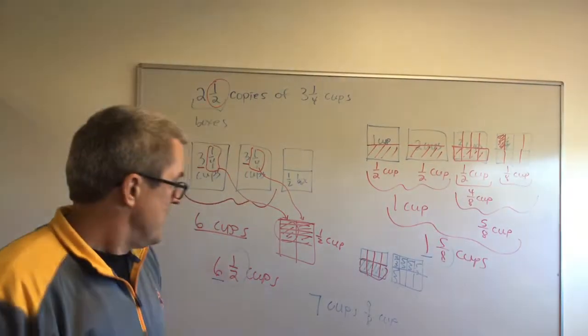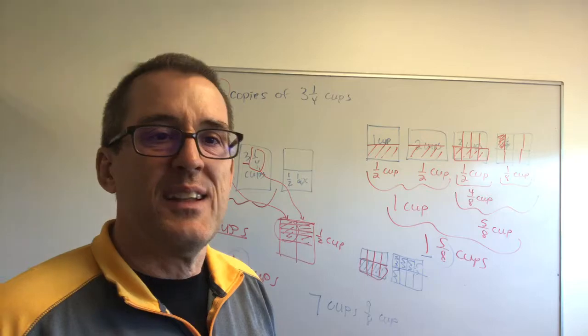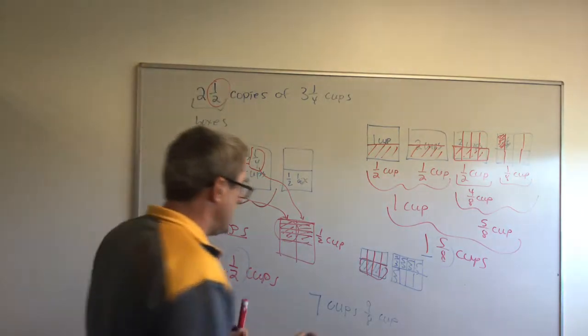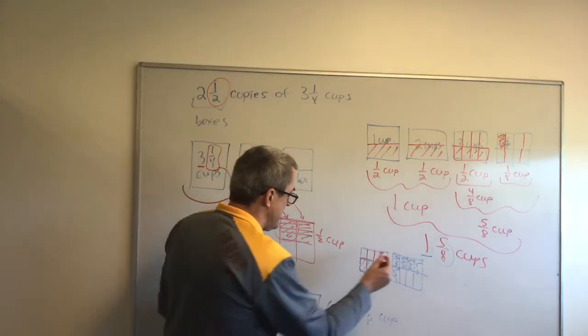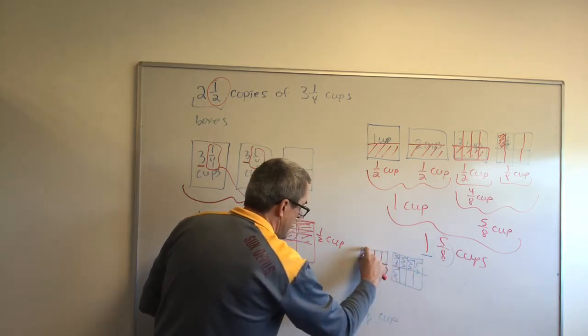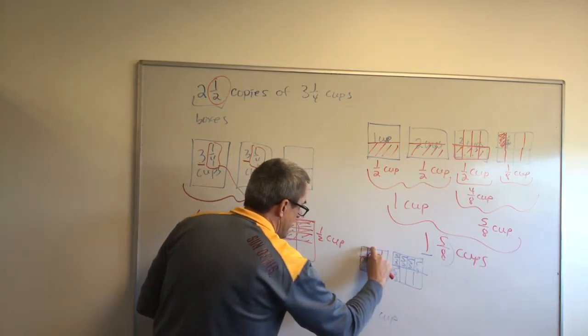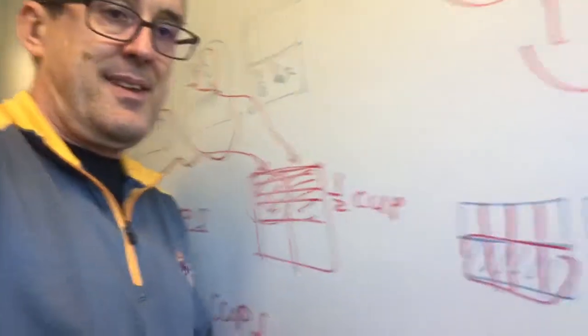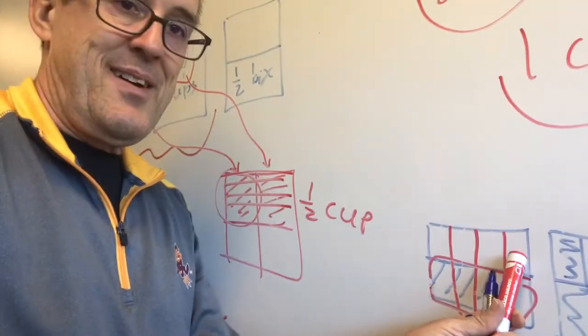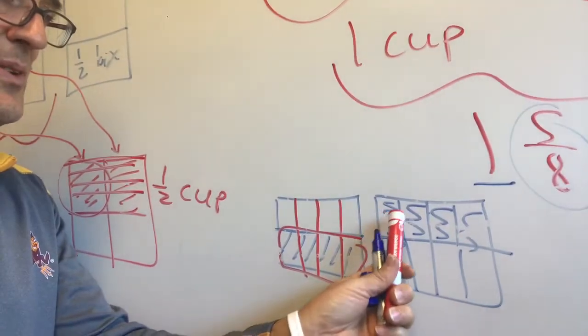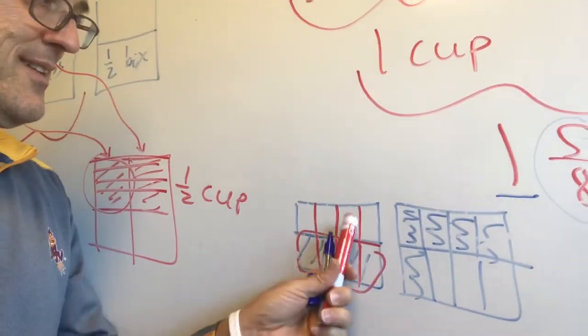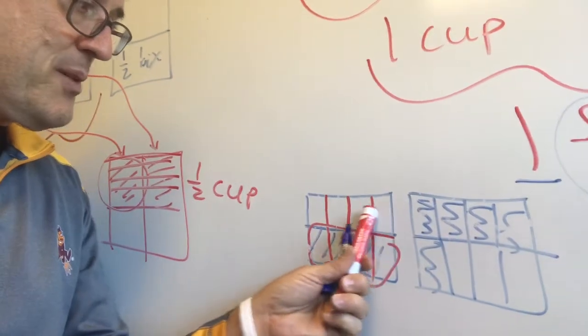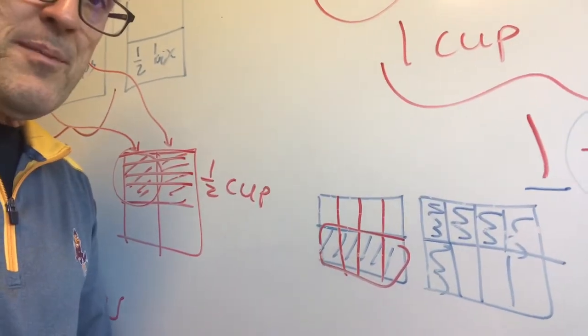All right. But now, 9/8 of a cup, that's kind of a weird way to say it. So let's fix that up. Can you imagine that if I took this 1/8 of a cup, put it there. Take this 1/8 of a cup, put it there. Take this 1/8 of a cup, put it there. And take this 1/8 of a cup and put it there. If I took each of these 1/8 and put them there, I'd have another full cup.